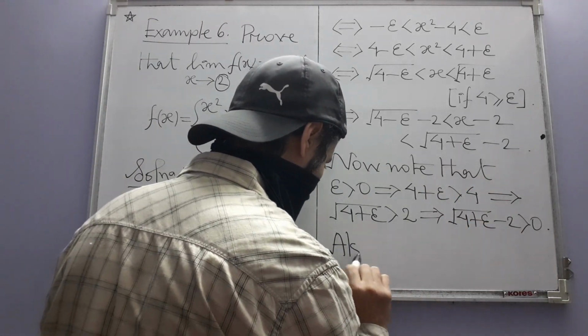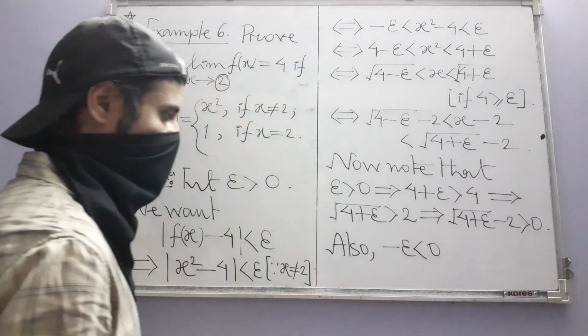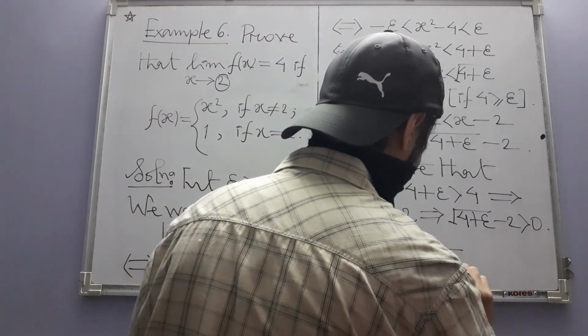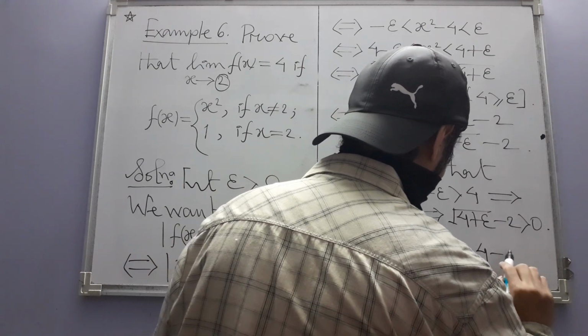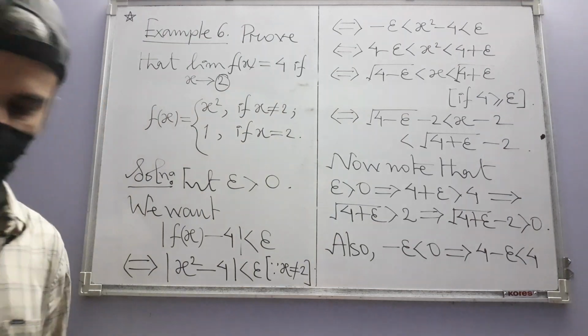Also, minus epsilon is less than 0 because epsilon is positive. So 4 minus epsilon is less than 4.